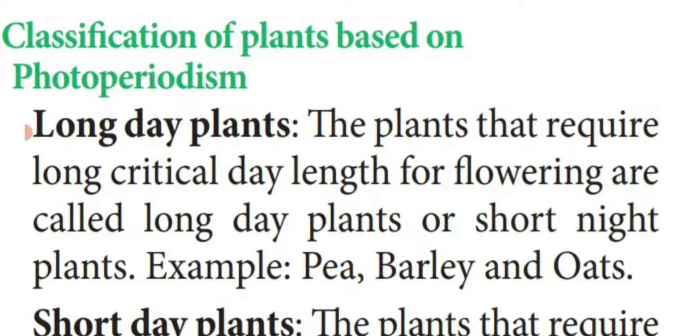The photoperiod related to inducing flowering is known as critical day length. So based upon that critical day length only, we are going to divide photoperiodism into 3 types: long day plant, short day plant, day neutral plant.